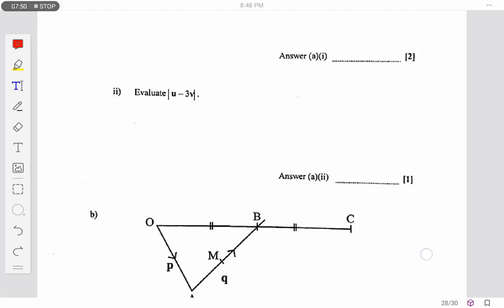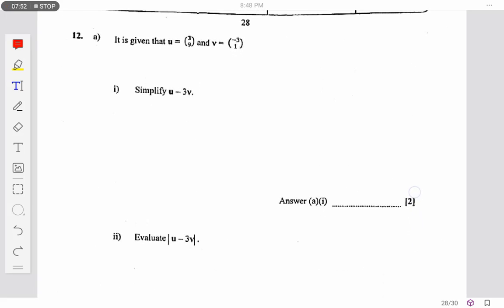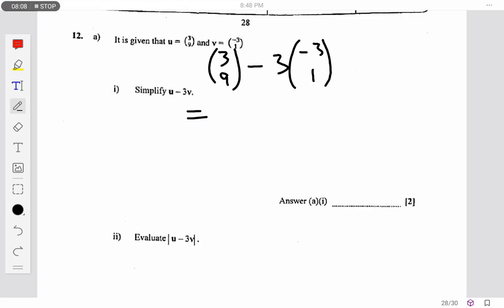Okay, here we are having vectors. So the first part is saying simplify u minus 3v. So we are just saying u is (3, 9), minus 3 times v, which is (1, 3) there. So let's input the 3 there.